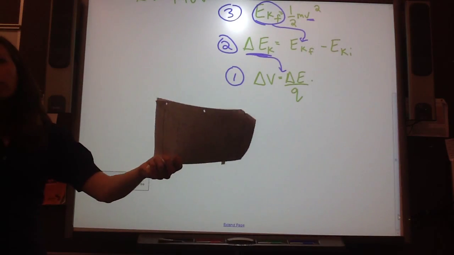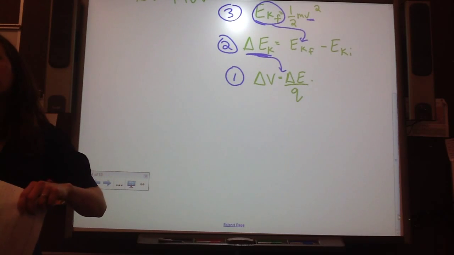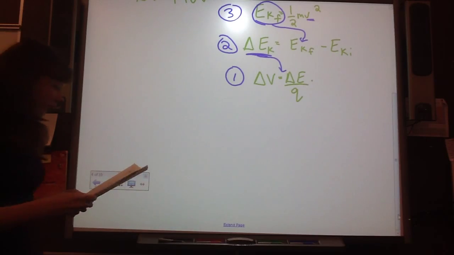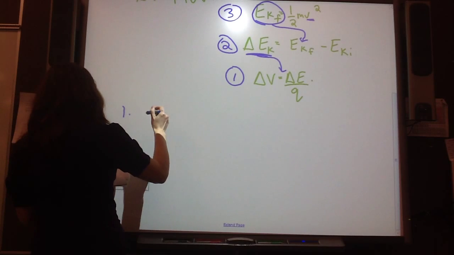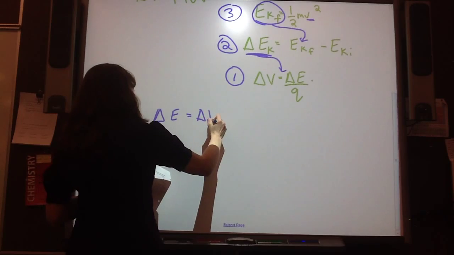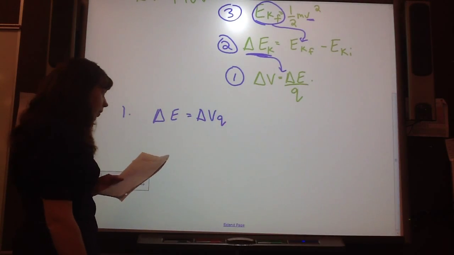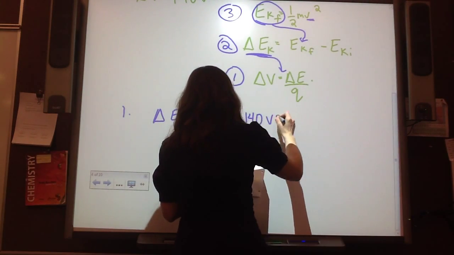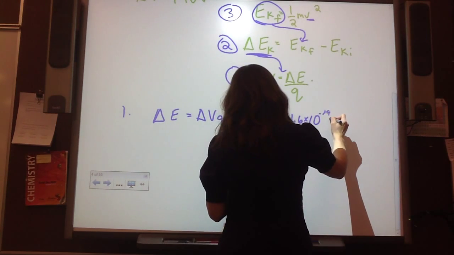When you know that an object's accelerating, but you don't have acceleration data, think, what else do I know? If you have your delta V, you can find delta E. So let's do the first one. Number 1, our first step, we're looking for delta E. So we go delta V times Q. That's 140 volts multiplied by 1.6 times 10 to the negative 19 coulombs.